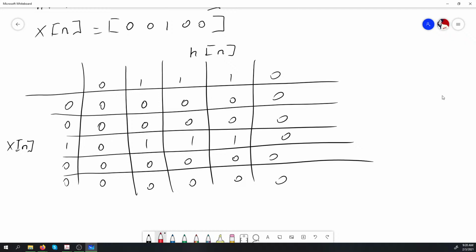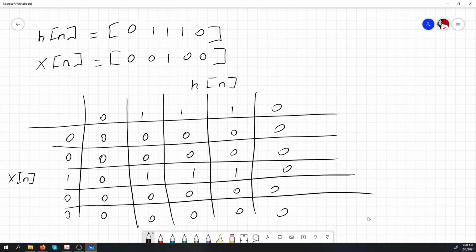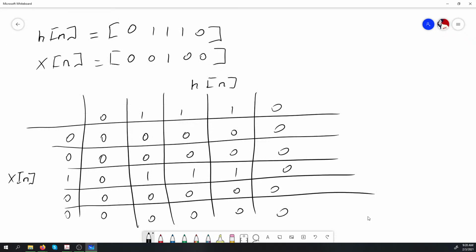The next step is to sum across the anti-diagonals. Before I start, I want to know how many values are required for our y of n, which is x of n convolved with h of n. L of x has 5 values, and L of h also has 5 values.